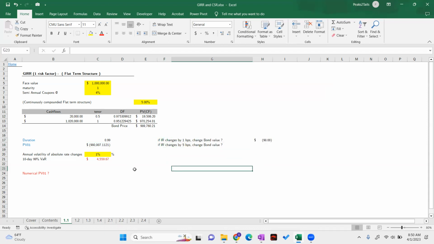Now we arrived at PV01 using an analytical expression, using derivatives, right? This is exact. Most often than not, in practice, we use something called delta approximation, using finite difference.